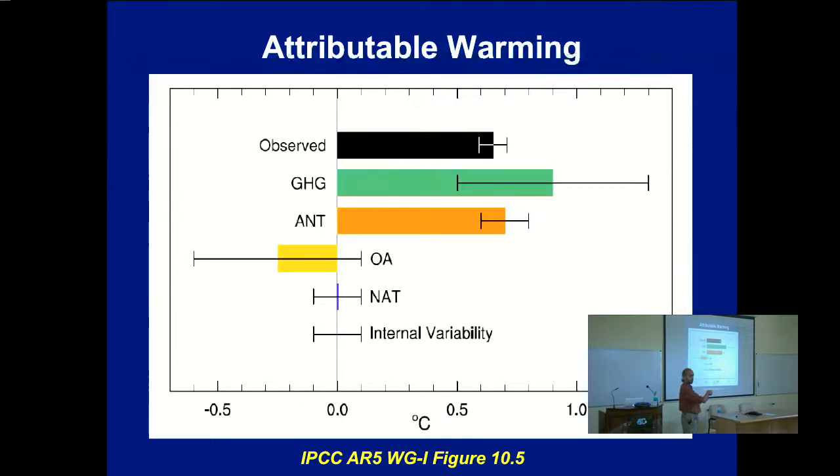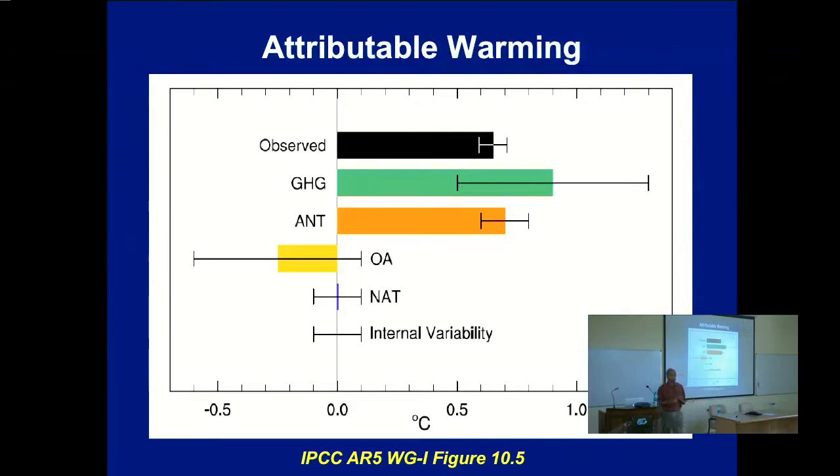Okay? And internal variability is something again you can separate out. If you have no forcings at all, then internal variability is your factor that is accounting for temperature change. So you can actually say internal variability also is centered around 0.